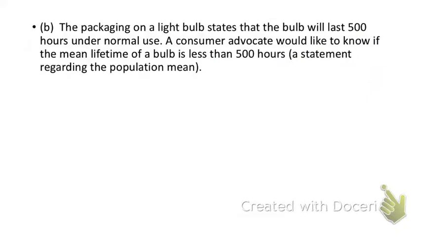Okay, next one. The packaging on a light bulb states that the bulb will last 500 hours under normal use. The consumer advocate would like to know if the mean lifetime is less than 500 hours. So, I'm going to circle what I need: 500 and less. Null hypothesis, what symbol am I using?